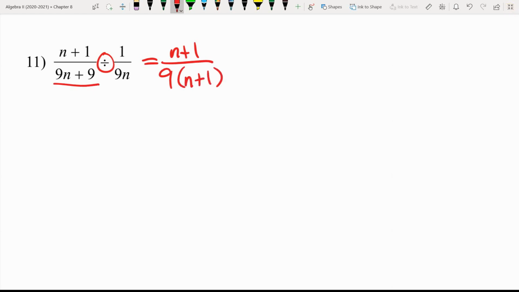You can't just cancel out, like after I do the flippy flip here, got 9n over 1. Some people were tempted to just cancel out with that 9n down there, but you can't do that. You can cancel out the 9s now. 9 cancels with 9. n plus 1 cancels with n plus 1. All I'm left with is just n. That is your answer. So a lot of these simplified to pretty simple things.